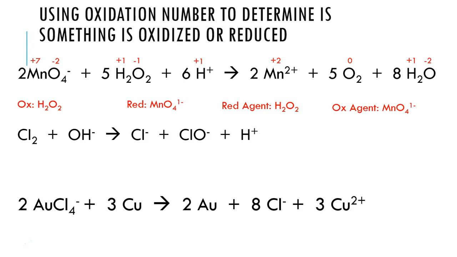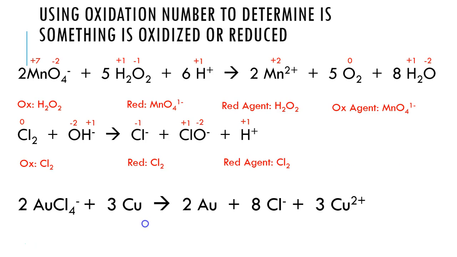So in the next example, we have diatomic chlorine reacting with hydroxide to form chloride ions, the hypochlorite ion, and hydrogen ions. So when I assign the oxidation states, I see that the species that is oxidized is chlorine, because chlorine goes from an oxidation state of 0 to an oxidation state of +1 in the hypochlorite ion. I can also see that chlorine was a species that was reduced, because the diatomic chlorine also goes to chloride ions, which would represent a reduction in oxidation state.